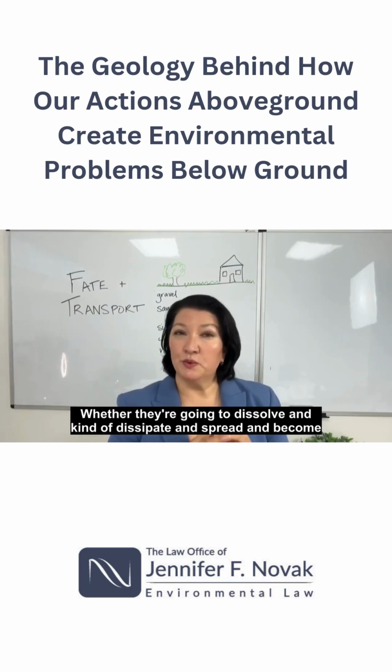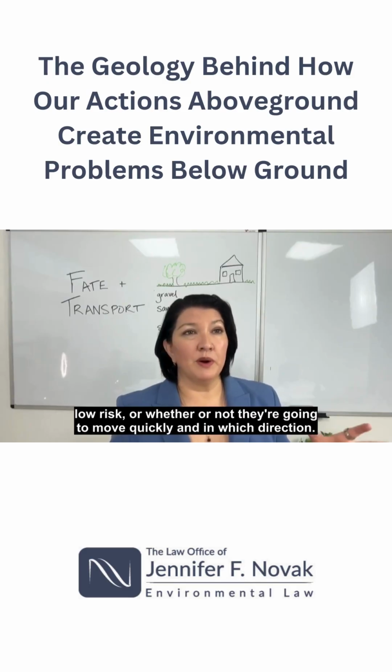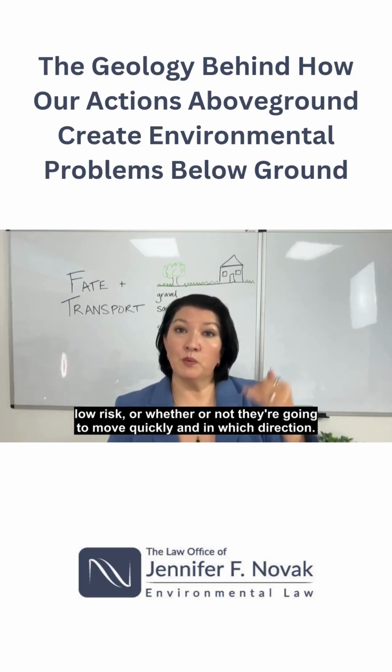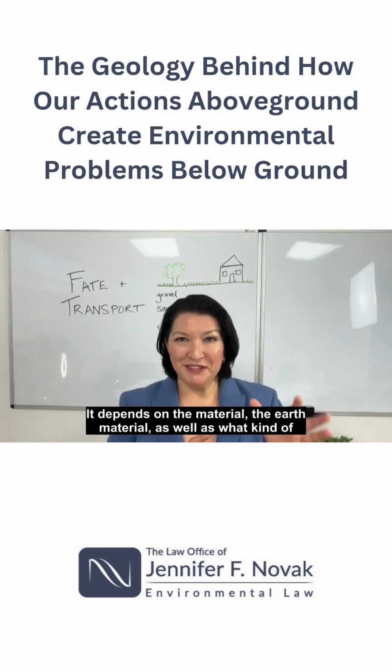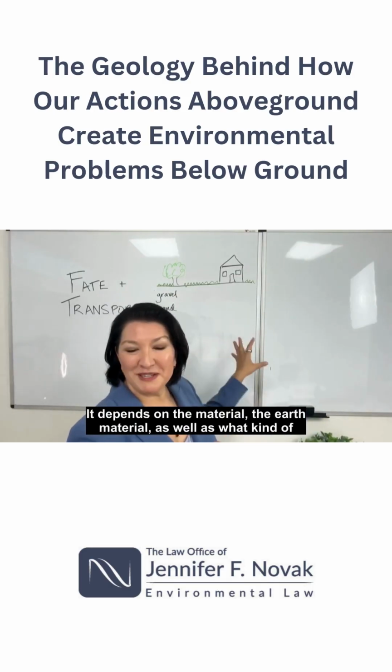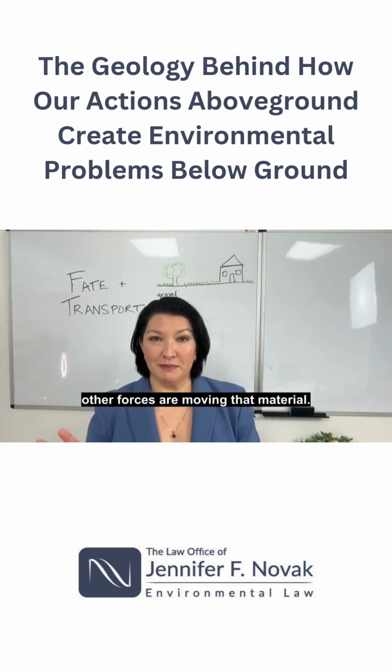Whether they're going to dissolve and dissipate and spread and become low risk, or whether they're going to move quickly and in which direction. It depends on the earth material, as well as what kind of other forces are moving that material.